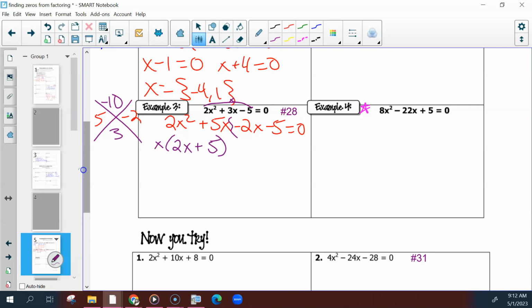What could we divide out of the last two? Negative 1 is the only thing. And that would leave us with? So then our two factors would be 2x plus 5 and x minus 1. Set both of those equal to 0.